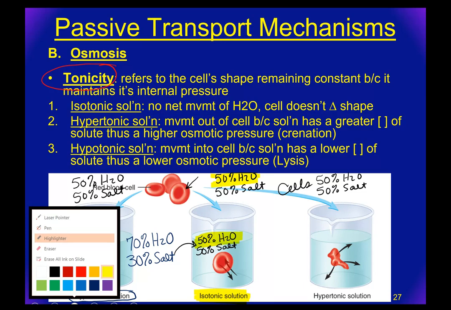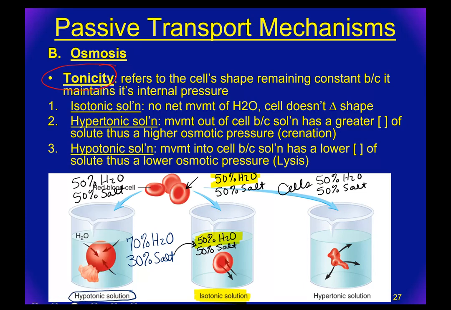So if you look at the water concentrations, it's 50% inside my cell, and it's 70% in the beaker. Which is the bigger number, 50 or 70? 70, right? So it's going to go from in my beaker to in my cell. So it's going to start flooding into my cell.